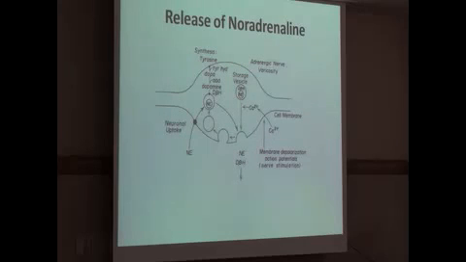Okay, so let's now try to understand. I told you that those adrenergic nerves have swellings. It's a cable, and at the end of the nerve cell, there are little blobs. 1, 2, 3, 4, 5, 6.